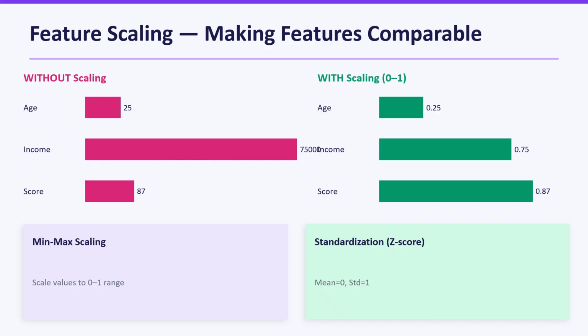Min-max scaling compresses everything to a range between 0 and 1. Now age becomes 0.25, income becomes 0.75, and score becomes 0.87. Every feature plays on a level field. Standardization is another method. It transforms data to have a mean of 0 and standard deviation of 1. Always scale your features before using distance-based algorithms. Skipping this is one of the most common beginner mistakes.